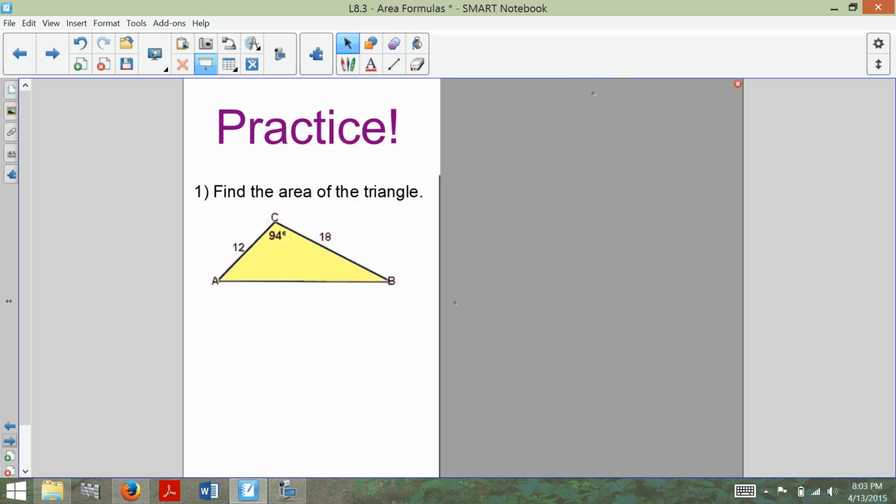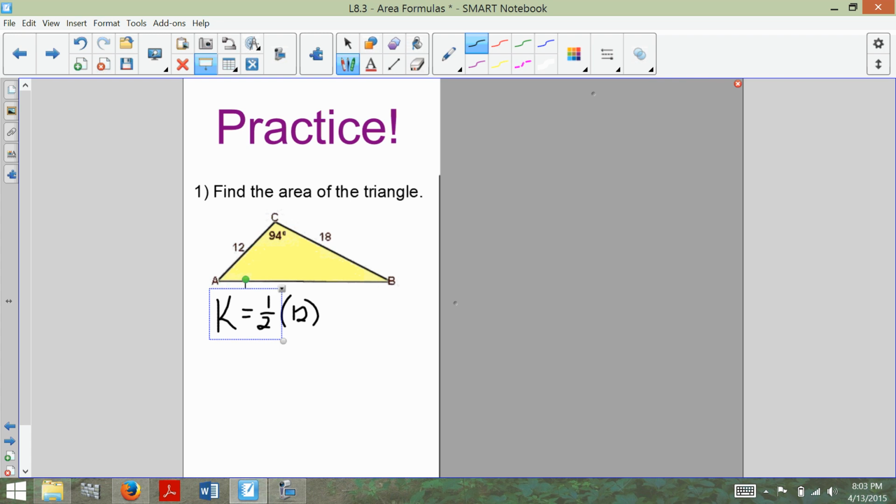Now here's what the formula actually looks like. I've got a triangle and I know two sides. I've got 12 and 18, and I've got the measure of the angle in between them, so this works. And so all I have to do is plug these numbers into the formula. So my area, again we're going to call it K for now, is equal to 1/2 the measure of one side times the measure of another side times the sine of the angle in between them.